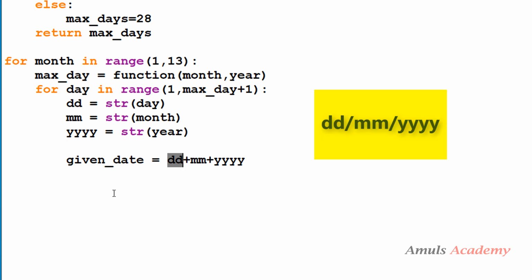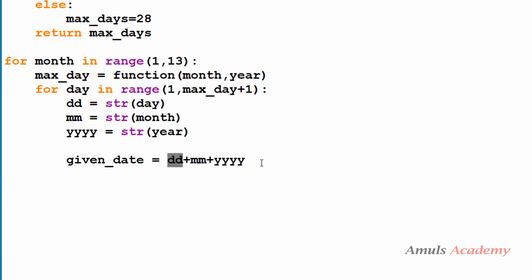And because we are using this format, when we take a month which is less than 10, we need to add 0 before that month. For example, if month is 4, I need to write it as 04. If day is less than 10, that is, if day is 5, then I need to write it as 05. So for that, I need to use an if condition. If month is less than 10, then concatenate 0 before it. Same condition for day also.